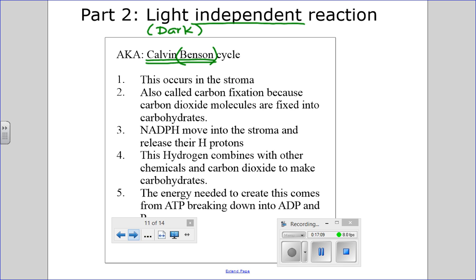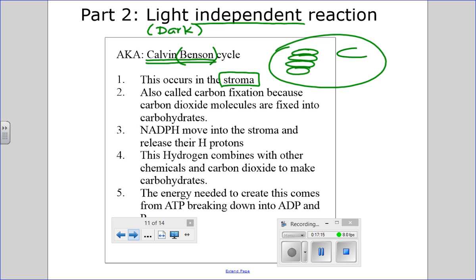Now this part occurs in the stroma. So when we're looking at our chloroplast, we have our thylakoid membranes all over the place. And then we have this space, the fluid in between, that is the stroma. That is where this part is happening. Now in this reaction, what's really happening is carbon fixation.